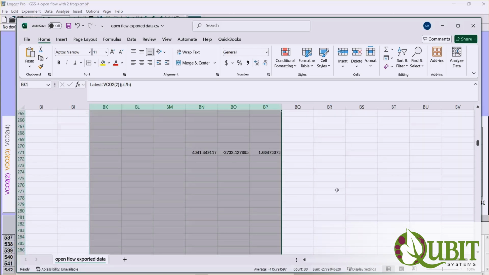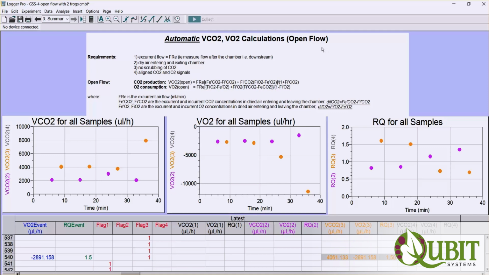Again, this Excel spreadsheet will require some organizational work to combine the summary data into a smaller table and then be useful for any kind of statistical analysis later on. So that more or less covers what one can do with this experimental file.